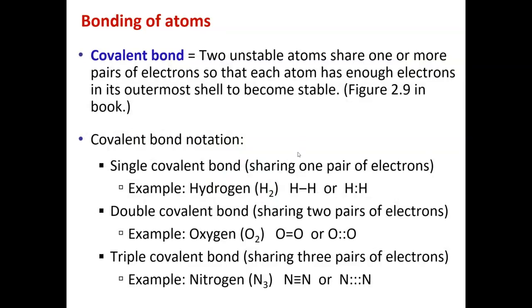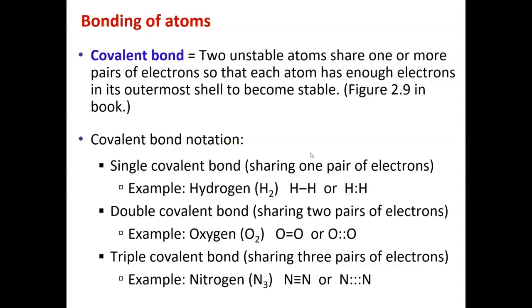So those are the two main kinds of bonds that hold atoms together in molecules: ionic bonds and covalent bonds. And in both cases, they happen because atoms are doing that to get their outermost shell full of electrons.